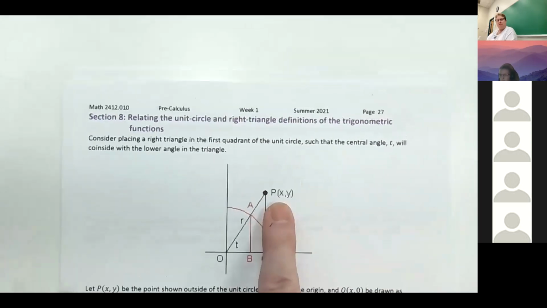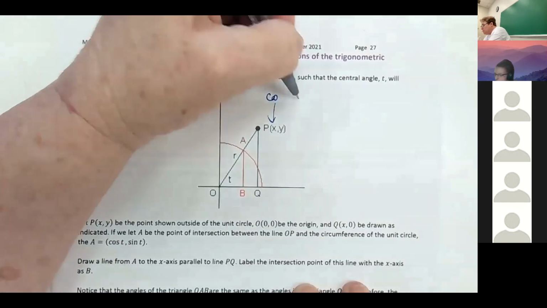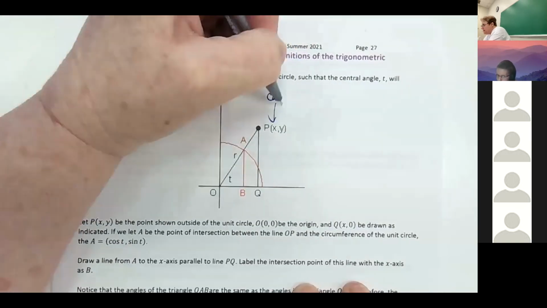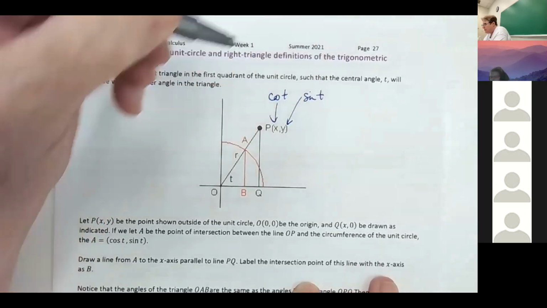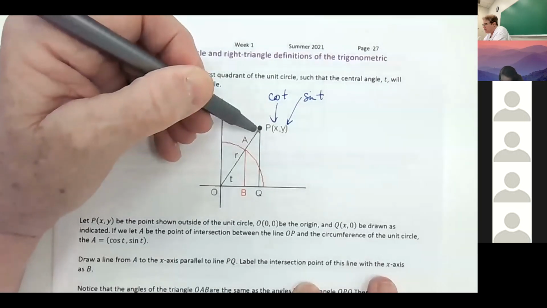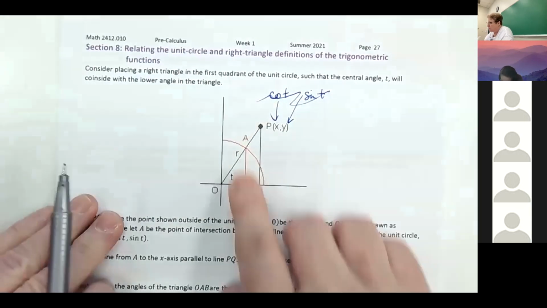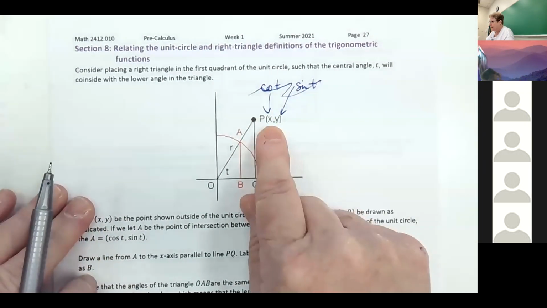So we've got this point P of x, y, where x is the cosine of t and y is the sine of t. Actually, we don't know that because we don't know the length of this radius. If the radius is 1, then we know that.